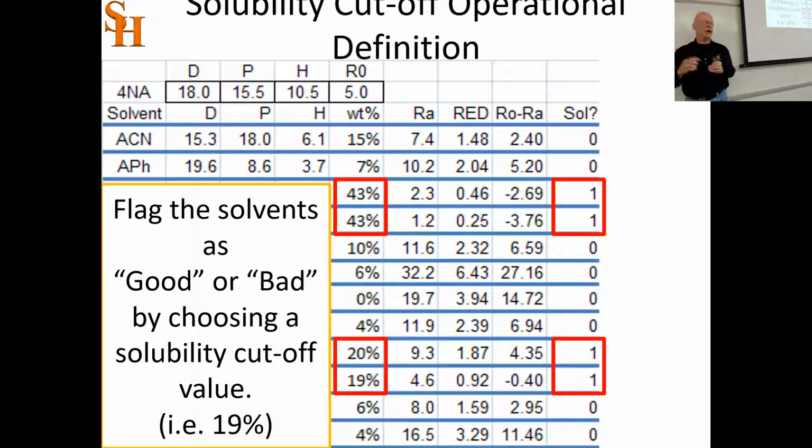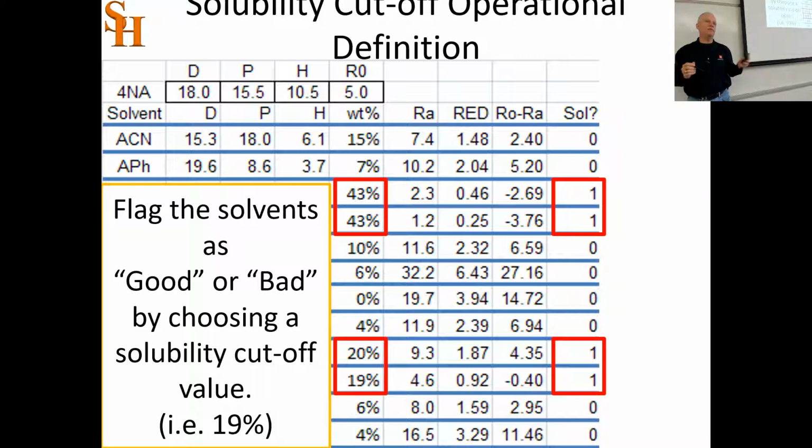You may want to decide. It looks like we decided 19% was our threshold. If it was 19% or bigger, then we would call it a good solvent. If it was less than 19%, we'd call it a bad solvent. But maybe later in the future, we won't be able to find a sphere that has a perfect fit. So maybe our criterion is too tight or too loose.